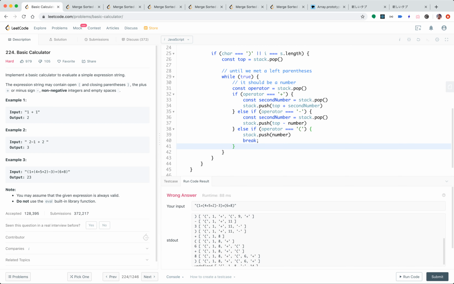Okay, so for this case, while true, if operator, while stack is bigger than 0, we pop. If pop got this one, we stop.